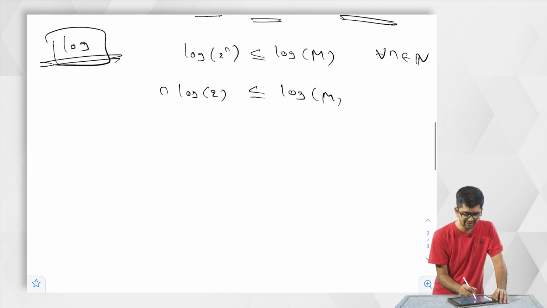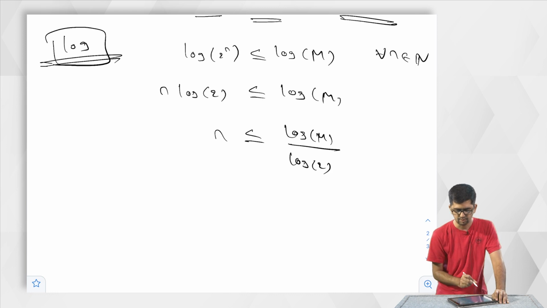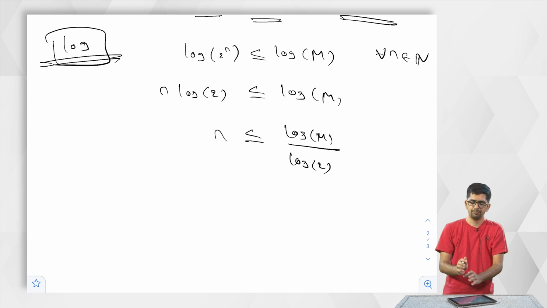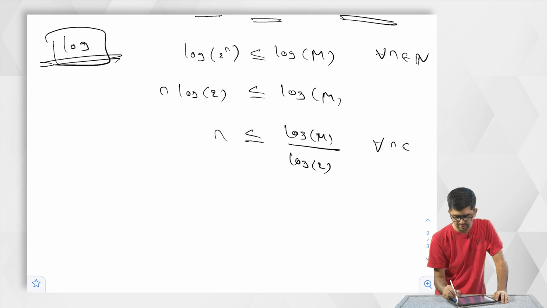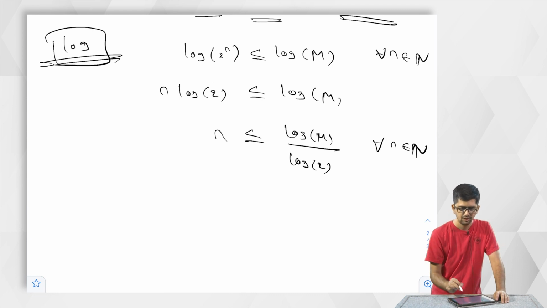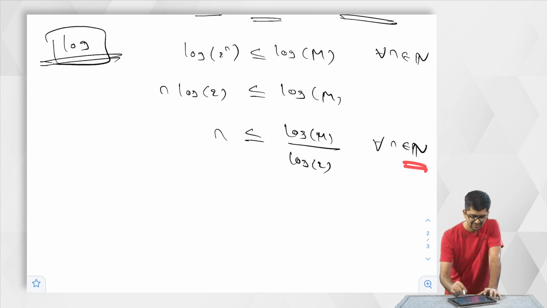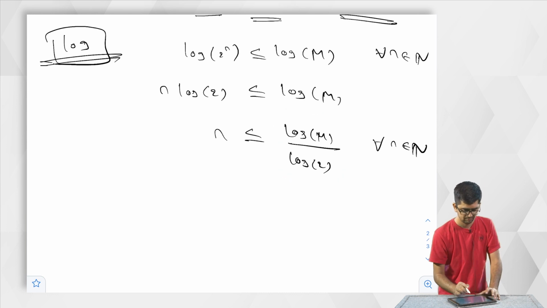Now, one can remove this log part from here and write that n is less than or equal to log m by log 2. Now, here there is no n part, and on the right side we have just n. This is true for all n belongs to N. So, what does this say? This says again the set N is bounded above by log m by log 2.